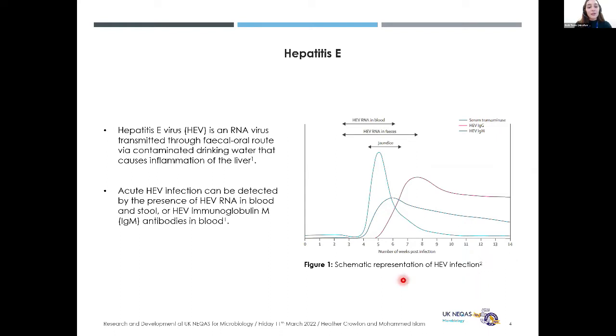So you can see here from figure 1 that between 3 to 6 weeks post-infection, HEV RNA is present in the blood. This is then followed by an increase in IgM antibodies at about 4 weeks post-infection, and then it's followed up by about 5 weeks post-infection with an increase in IgG antibodies.